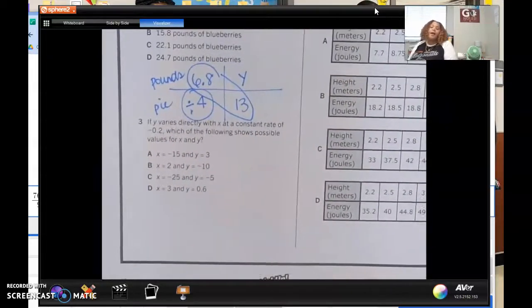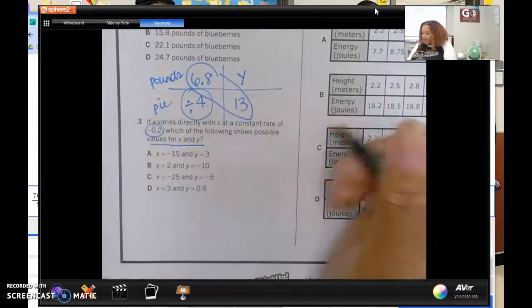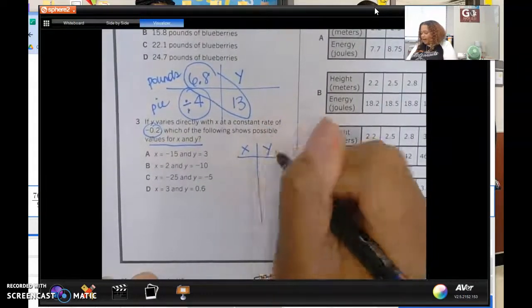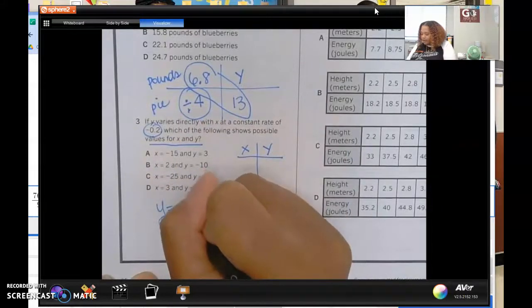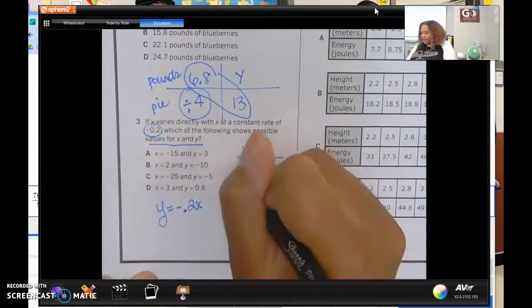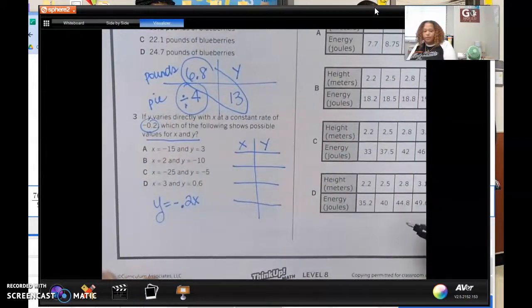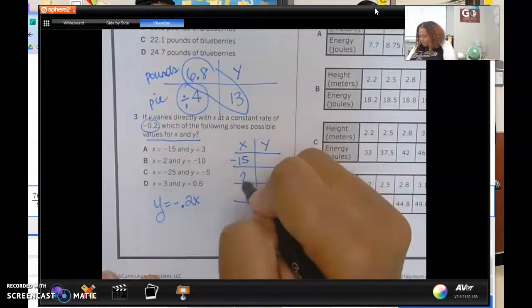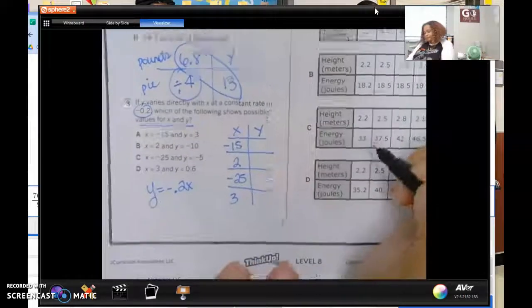Number 3. If y varies directly with x at a constant rate of -2/10, which of the following shows the possible values for x and y? Make a table. X, y. A constant rate, that means y equals negative 0.2x. I'm taking all my x's and multiplying them by negative 0.2. So I'm going to start with negative 15, 2, negative 25, and 3.